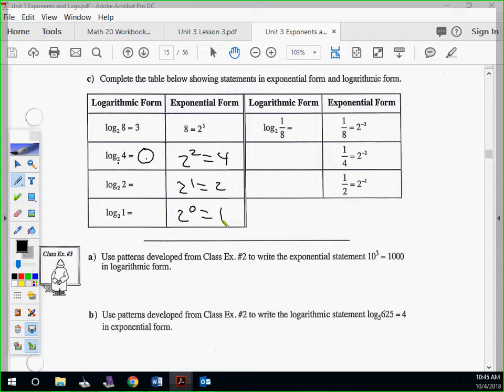Now we're going to work backwards. I'll tell you it's log base 2, and then what goes here, and what goes after the equals. What's that, right? 2 to the negative 2 equals 1/4. Try that last one there.